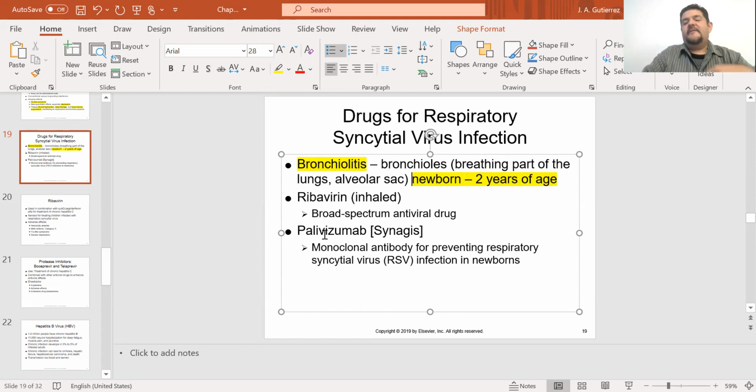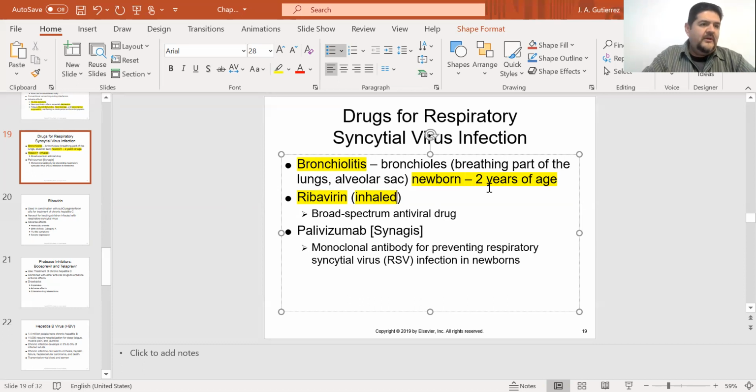So the medication that we use is ribavirin, and it is inhaled. So it's given through an inhaler. We can use a nebulizer. Why? Because again, look at the age of the kids, newborn to 2 years of age.